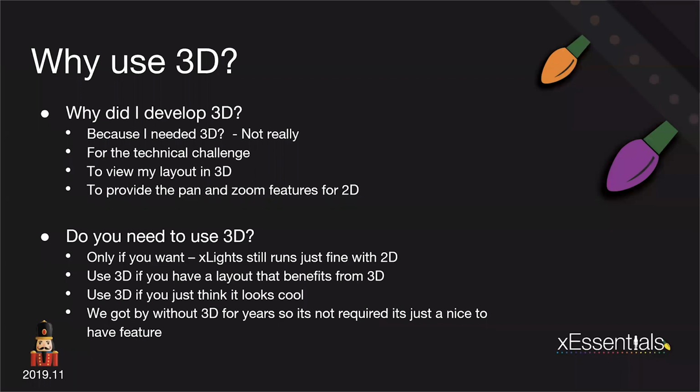But I always wanted to be able to view my layout in 3D. I thought it'd be cool if I could actually fly through my display while I was watching it playback. And it kind of all started with me really wanting to try to add the pan and zoom feature in there when we were still 2D.